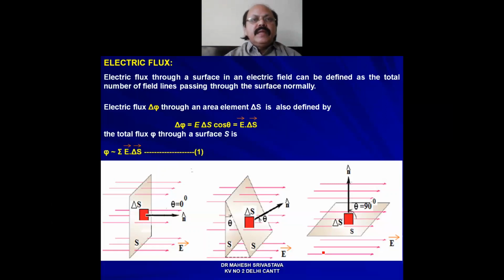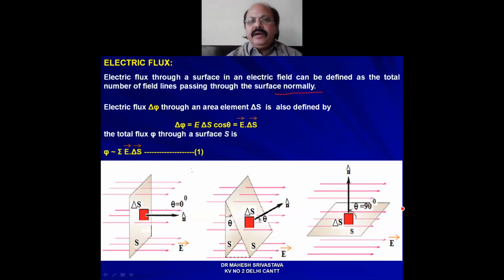Similarly, we can define electric flux through a surface placed in an electric field, that is, the total number of electric field lines that pass through the surface normally. This word normally is very important, so remember it while defining electric flux. Now you see there are three diagrams I have taken.